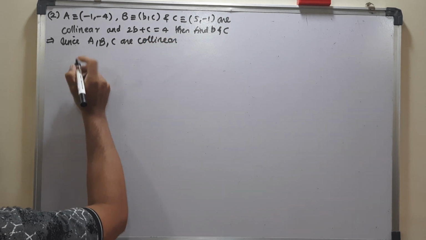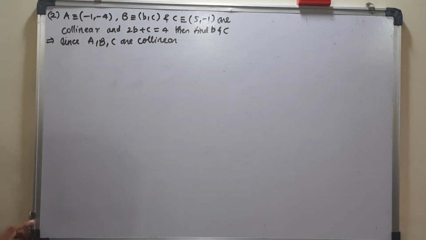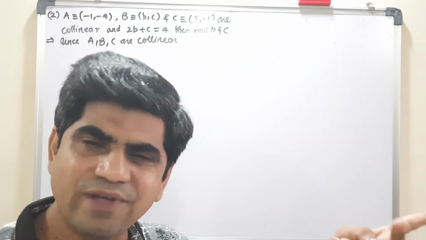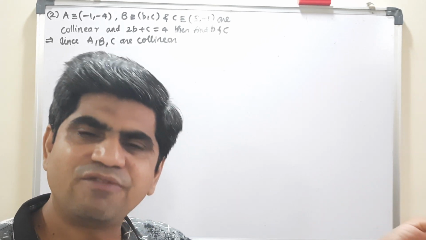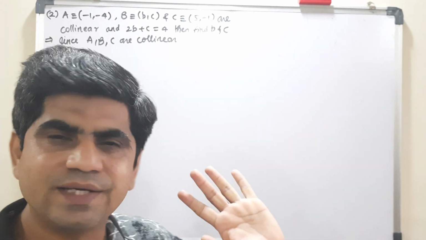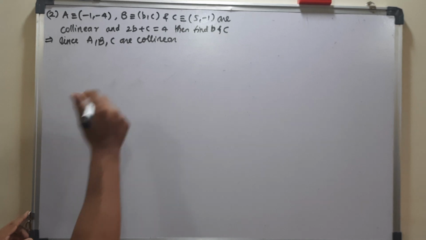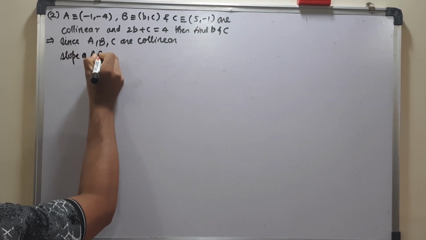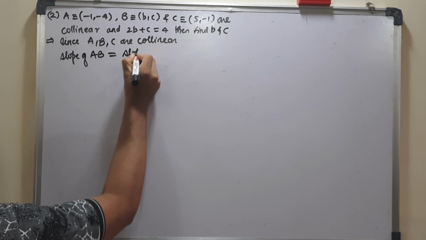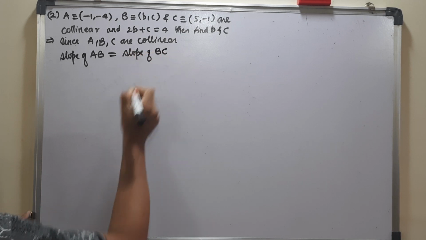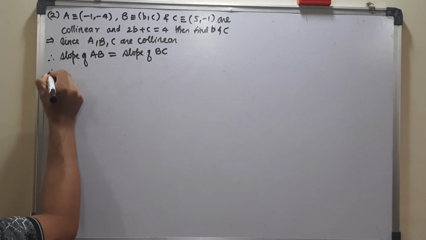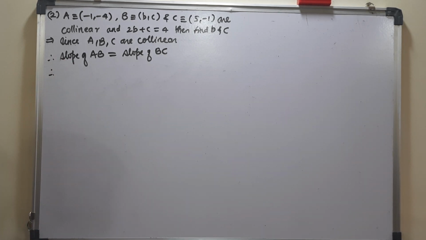And one more important thing, it is not necessary to know who lies between the other two. It is not absolutely necessary, because the slope of AB will be equal to the slope of BC will be equal to the slope of AC. So here, since they are collinear, I will say the slope of AB is equal to the slope of BC.